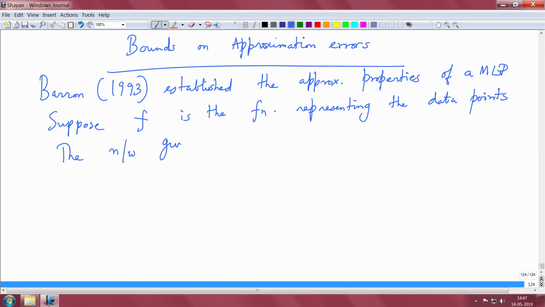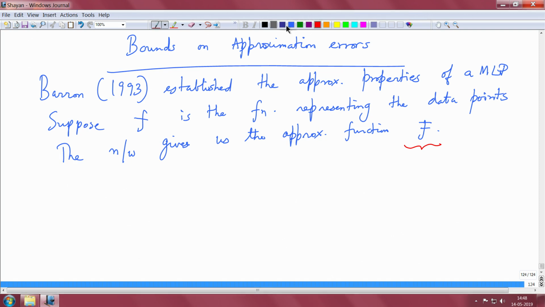The network gives us the approximating function, call it F. Now, when the network is exposed to test data, the network function, which is this approximating function capital F, acts as an estimator of the new points of the target function, right.